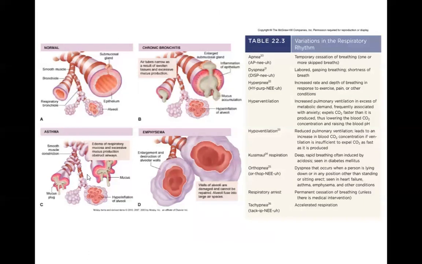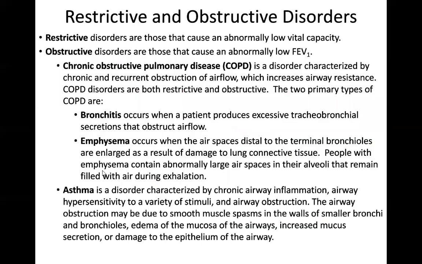Asthma, shown over there on the left, is a disorder I've already mentioned, characterized by chronic airway inflammation and airway hypersensitivity to a variety of stimuli. It just means that the airways have an allergic reaction to stimuli, resulting in airway obstruction.